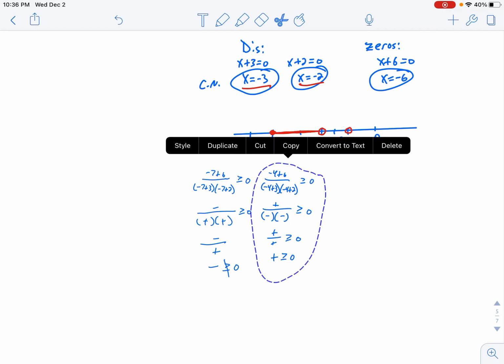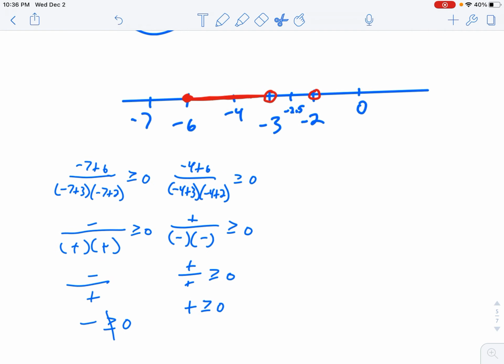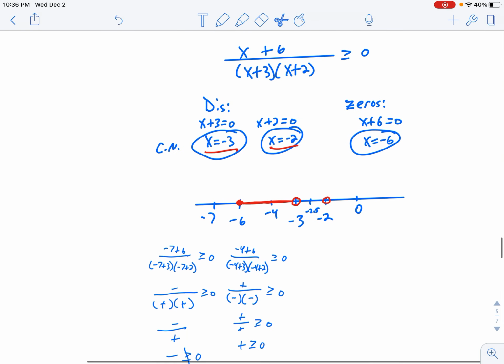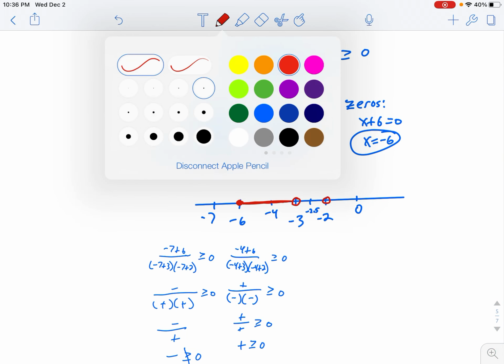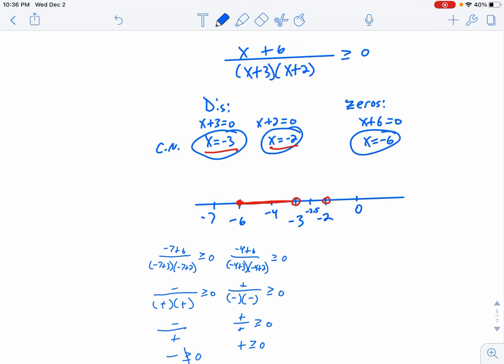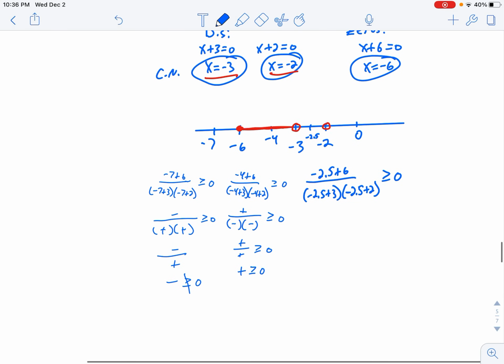Now, generally, working with decimals or fractions or whatever can be a pain, but here, the way we're analyzing this is just, is it positive or is it negative, and that makes it a lot easier. So negative 2.5 plus 6 over negative 2.5 plus 3 times negative 2.5 plus 2. Is that greater than or equal to 0?